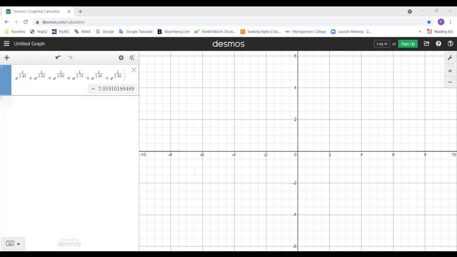So I went to Desmos just like a student would do, and I actually typed all of this in, and it worked. Who else did that? Did anybody try that and get the right answer also?